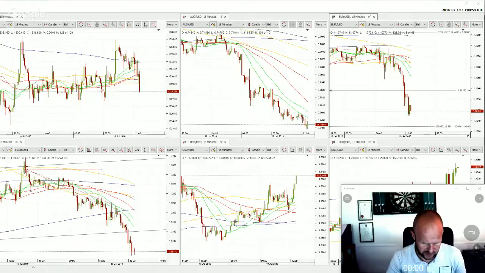I want everyone to see that this is actually an update on volume, open interest levels, open interest update.